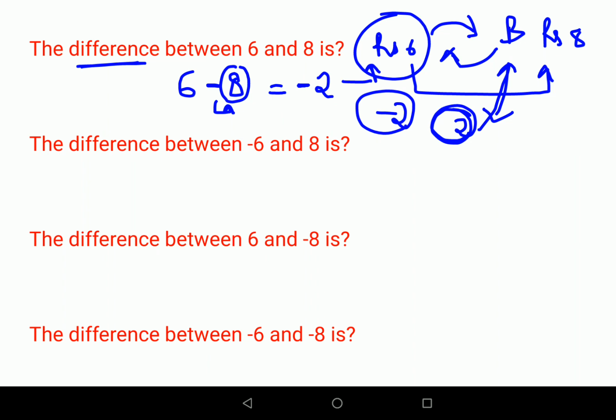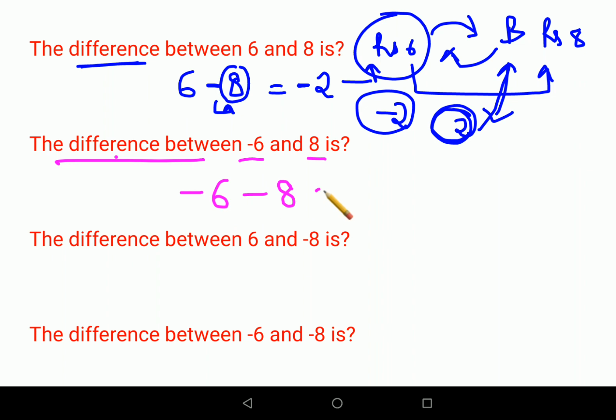So now coming back, we have the next one, which is the difference between negative 6 and 8. Understand, there is a difference between. We have negative 6, then still there is a difference, so we'll have minus 8. Understood?